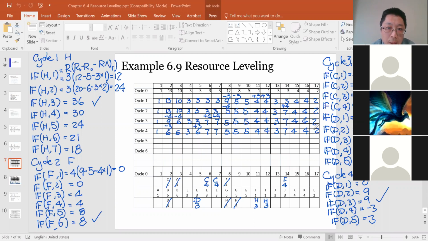Originally, we designed it at week 11, which is March 22nd. But I may need to postpone that to March 29th instead of March 22nd. Okay.